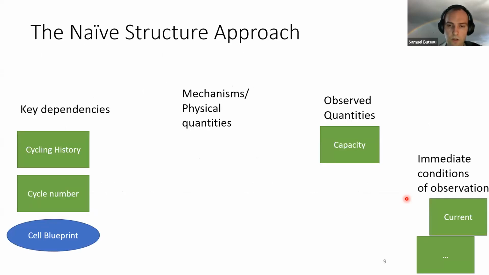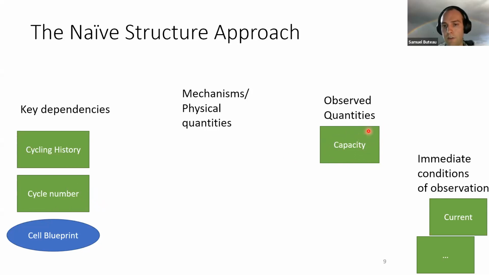So here's what it looks like when you lay down the variables, give them names and connect them together in the case of lithium-ion cells. Here we have some key dependencies. As you've seen in the previous graph, the cycle number is an important variable. You could also use time here. And eventually what we want to predict is capacity.